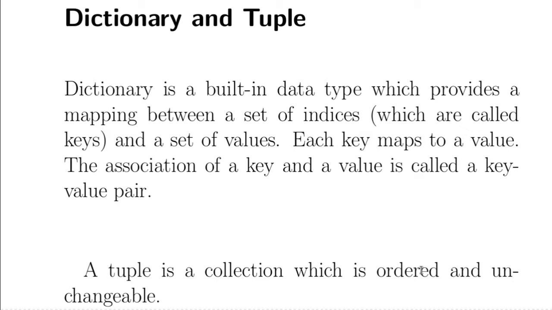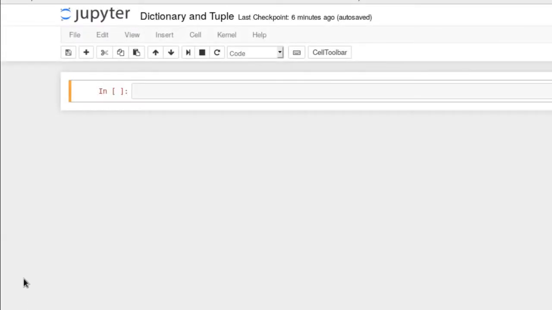For example, you can create a new dictionary like this. The variable that stores the dictionary is eng2mal, which specifies that we are creating an English to Malayalam dictionary.